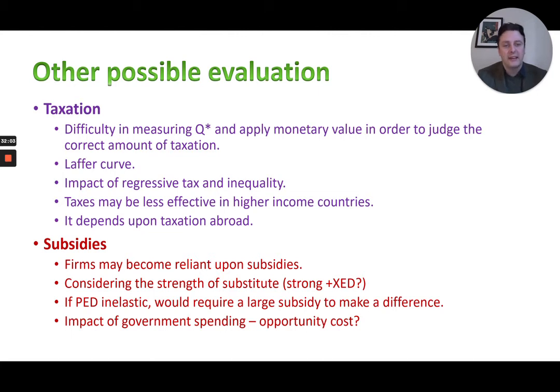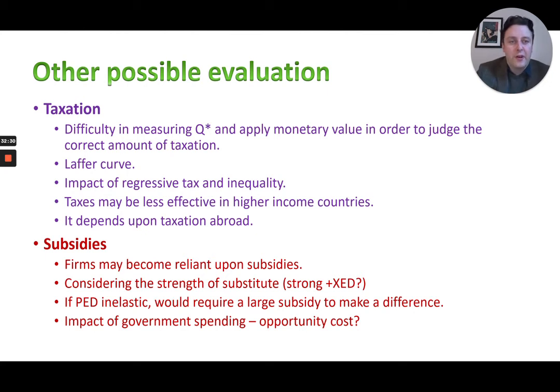So if you increase taxes, you may increase the black market for cigarettes. And that's related to taxation abroad. So especially in Europe, if Europe has much lower taxes on tobacco than the UK, there's a bigger incentive for UK citizens to go to Europe and then bring back lots of cigarettes and sell them on the black market.